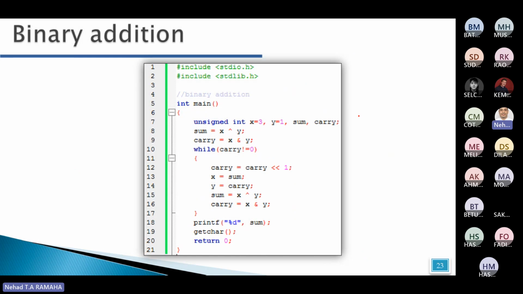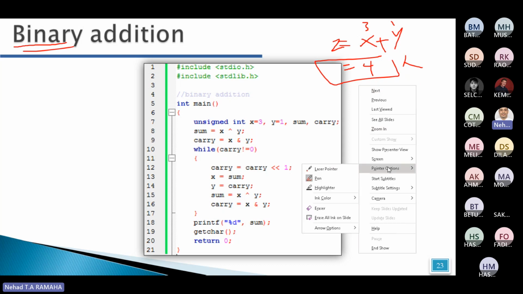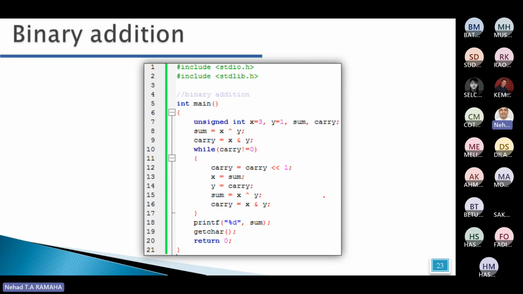Binary addition. Of course, we know in C language we can set Z equal X plus Y. If X is 3 and Y is 1, then Z equals 4 and finish. But let's see this operation, how it works if we use binary addition. We will add the two numbers, but these two numbers as a binary system.